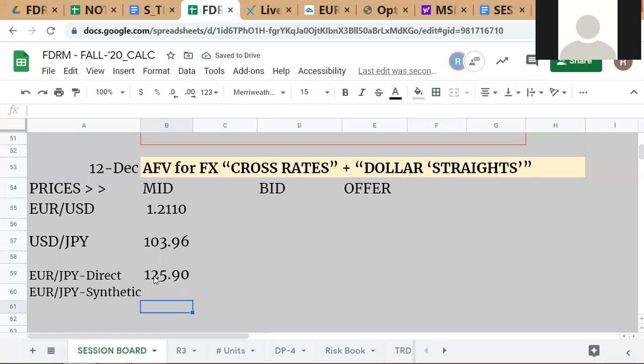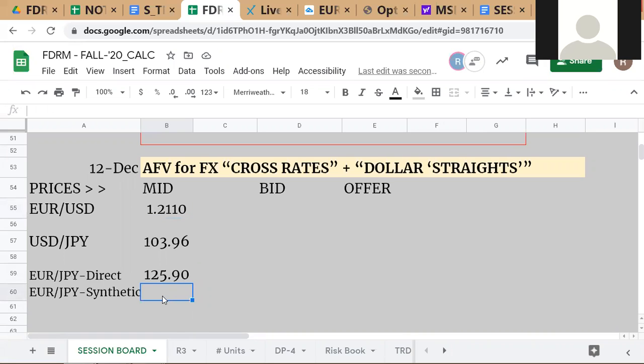Now this is the direct price here. Now the question is, if you did not have this direct price, okay, what would be the synthetic price? Okay, can you figure out, or you have a direct price here, and you compare it to a synthetic price which is different? Okay, so let's assume here that if we have 121.10, so first we'll do the analysis so you understand the concepts.